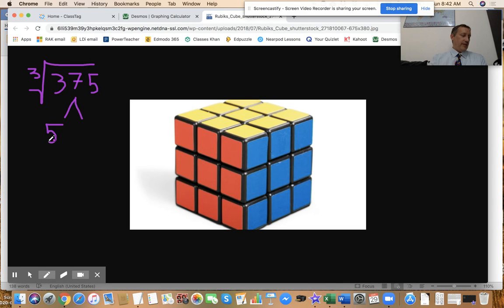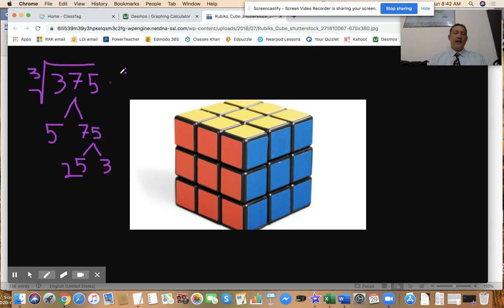If I divide that by 5, I see that I have 75 left. Ooh, I can divide that by 5 again. I can divide it by 25, actually. And I see that 7 plus 5 is 12, so I know I can also divide it by 3. So we could have gone that route and started off with dividing it by 3.